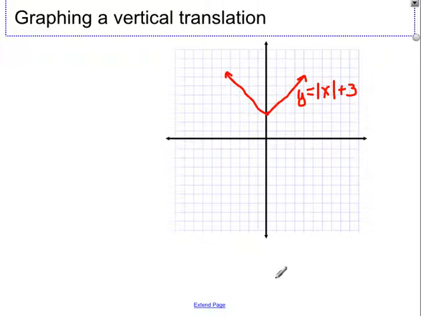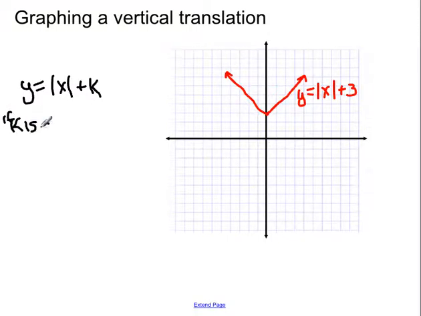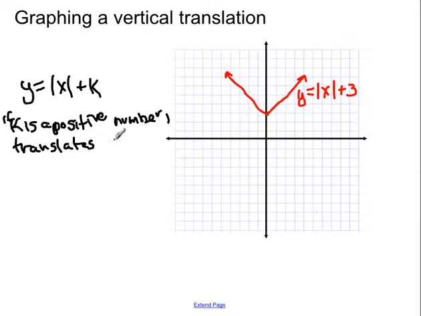All right, so to summarize here, if we have y equals the absolute value of x plus k, and k is a positive number, then it translates. Another word for translate is slide. It translates up k units.